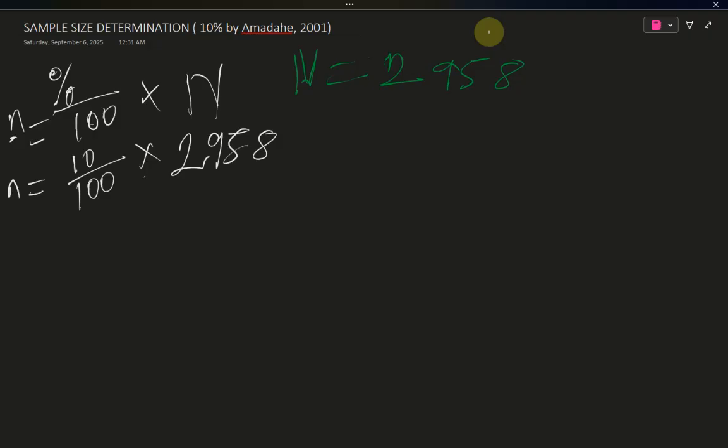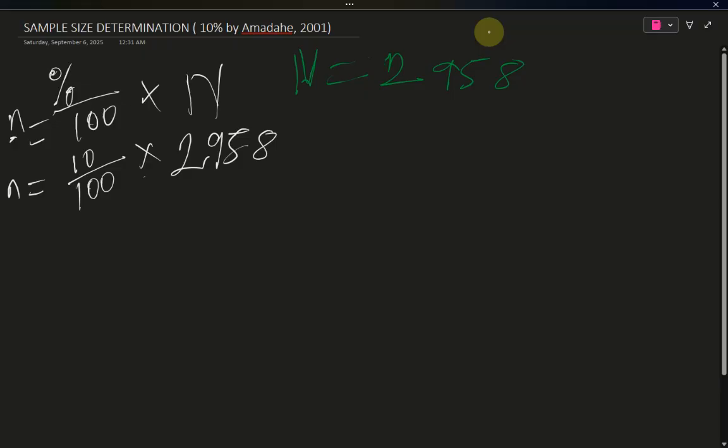So n equals percentage divided by 100 times the big N, which is the total accessible population. Since you have it this way, you have to know what percentage you are working with, and you also have to know the N for the accessible population.